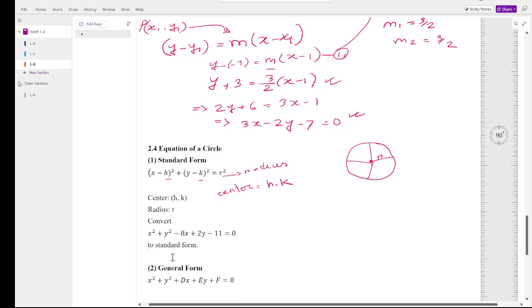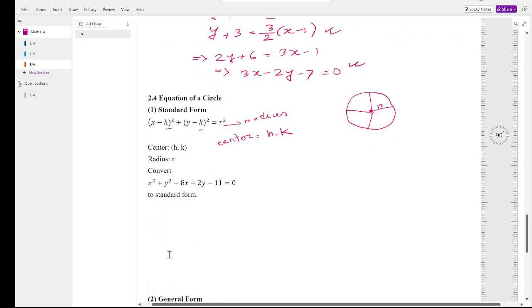So the next question is about converting x squared plus y squared minus 8x plus 2y minus 11 equals 0 to standard form.